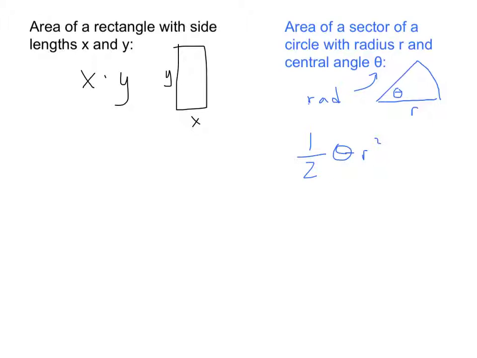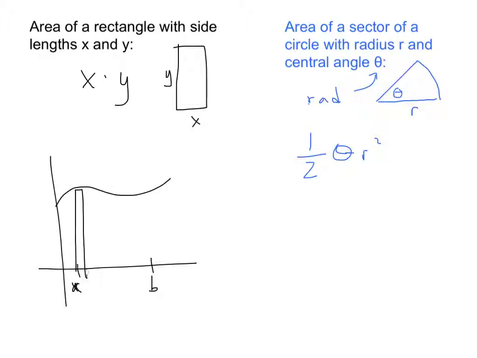Okay, now for the mind warping, right? How did we take this and construct the idea of area? What we did back in the day was we said, okay, imagine that I have some function that I'd like to know the area underneath between, let's say a and b. We constructed rectangles underneath this thing. We did these Riemann sums to approximate the area of the thing. And then in the end we said, well, wait a minute.